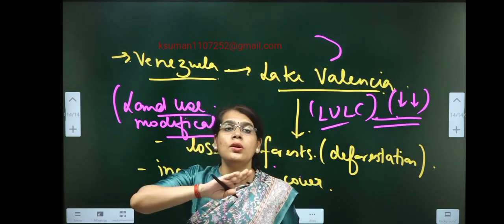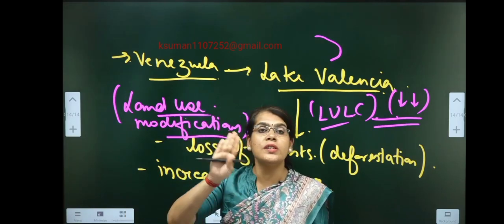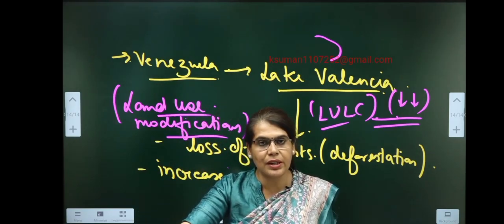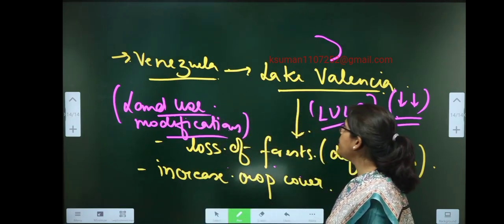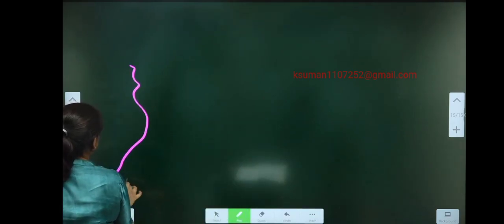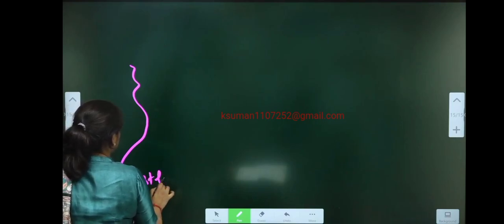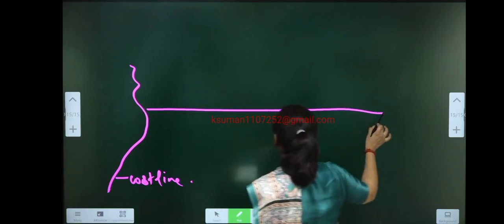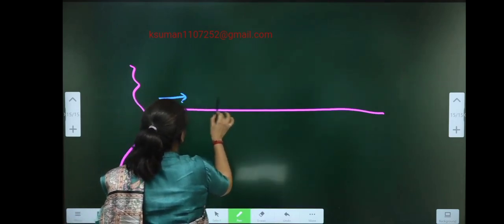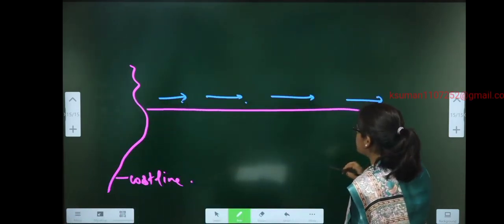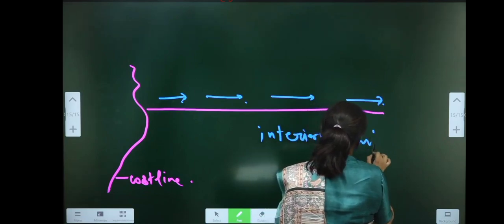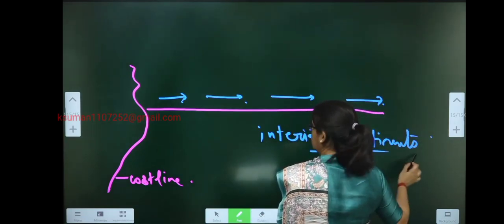Next, he also explored Siberia. So he also explored the Siberian region. And he also made an interesting observation. So for example, this is the coastline. And as one moves away from the coastline towards the interior of the continents, there is a change in temperature.